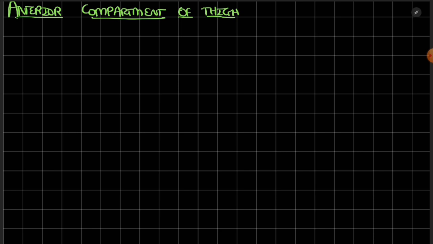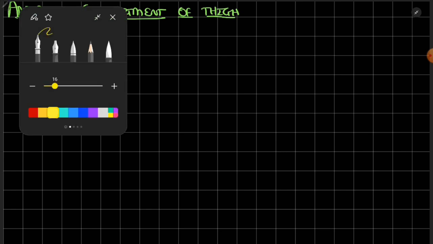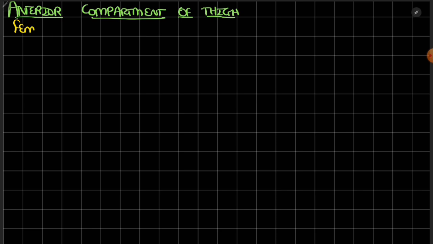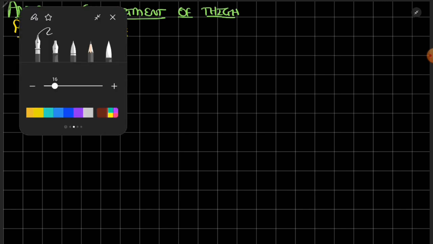So starting with the anterior compartment of the thigh, what is important in it? The important thing is the femoral triangle. So let me mark it a bit. What is so important about the femoral triangle? Let me discuss it.